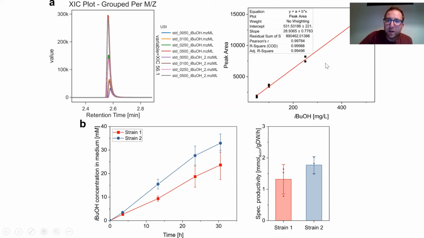And using the formula from this calibration curve, I analyzed the samples from the two E. coli strains. As you can see here, strain 2, the blue one, is performing slightly better than strain 1. It has a higher titer and also has a higher specific productivity.